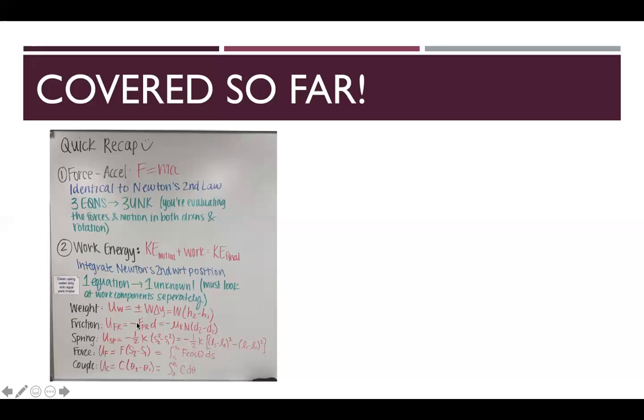Friction is the negative friction force times the distance traveled, and the work done by a spring is 1/2 of the spring constant times the difference of the squared displacements, right? You're going to have to be comfortable using these three, or know how to get from these three to the easier version of them.